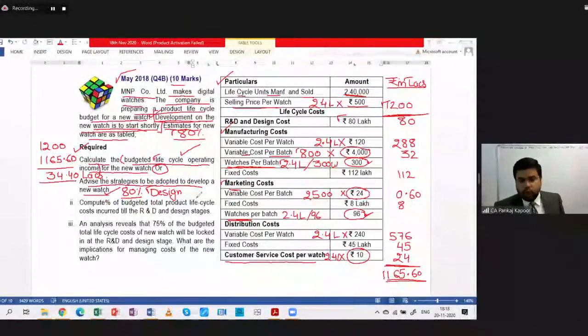What can we do? We can design the watch in such a manner that its cost is reduced. We can use standardized components. Likewise, it may be possible that we are using the strap in other watches too, and the same strap we can use here. Obviously, if we are using the same strap, we need not incur any rupee on R&D.